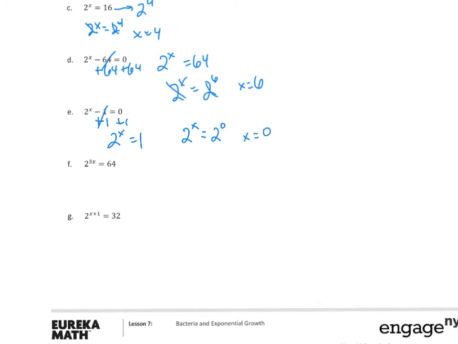All right, f is a little bit different because you can kind of see this two ways. My first inclination is to get the 64 to look like 2 raised to a power. So now I have 2 cubed to the x equals 2 to the 6th. And then I can set 3x equals 6, and I find out that x equals 2.